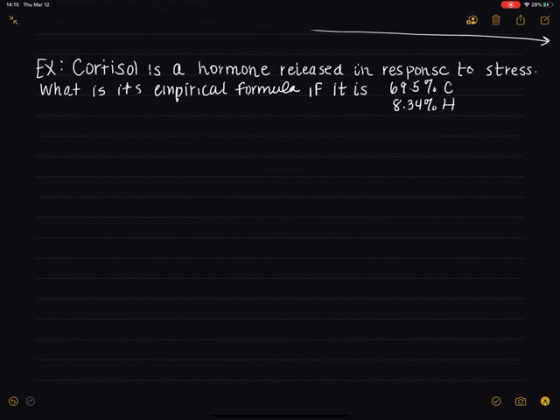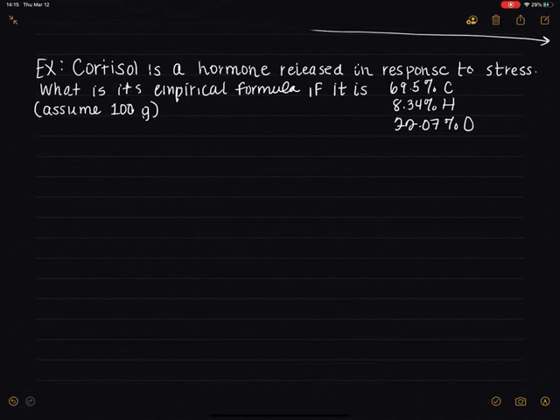Look at a similar problem. Talk about the stress hormone, cortisol. What's its formula? It's 69.58% carbon, 8.34% hydrogen, and 22.07% oxygen. Where do we start with this? 100 grams. We pretend we have 100 grams. If we've got 100 grams, how much carbon do we have?